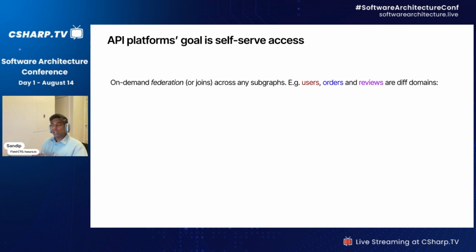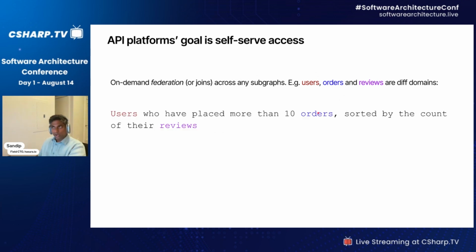So if, let's say, there are three teams or three sellers in our marketplace: users, orders, and reviews. These are managed by different teams. As a platform provider, as a platform architect or a developer, I should be able to let consumers of this API platform run queries such as this, right?